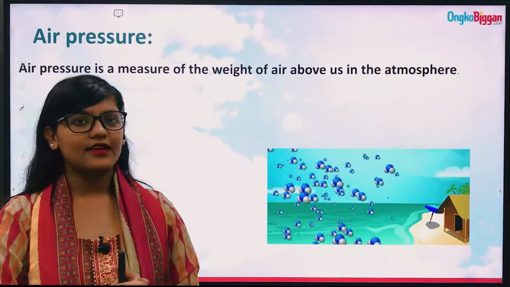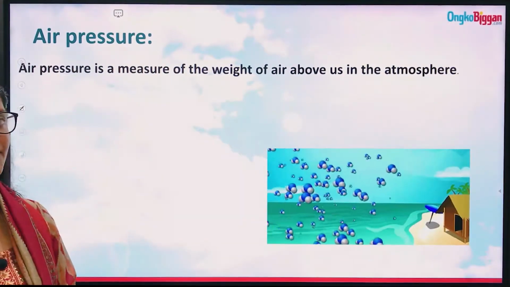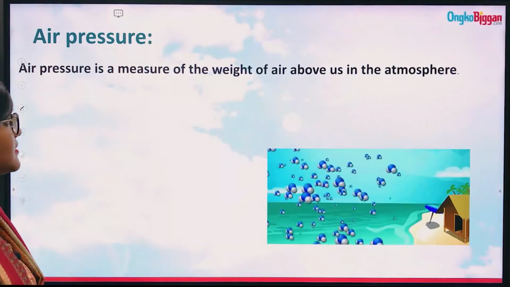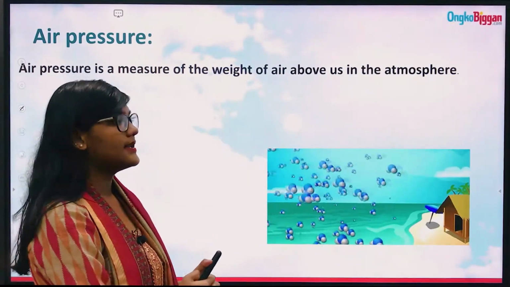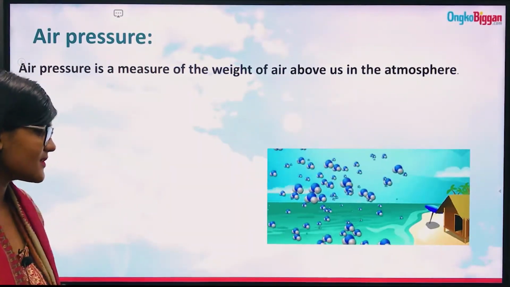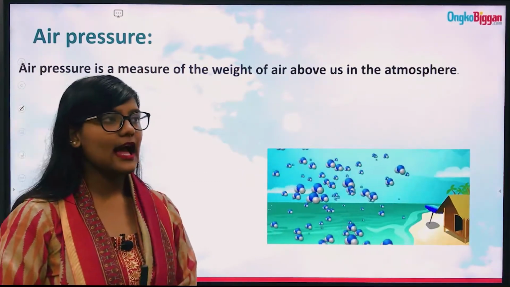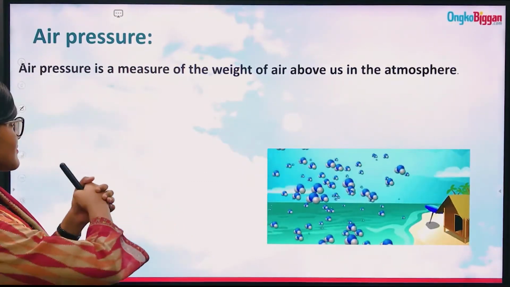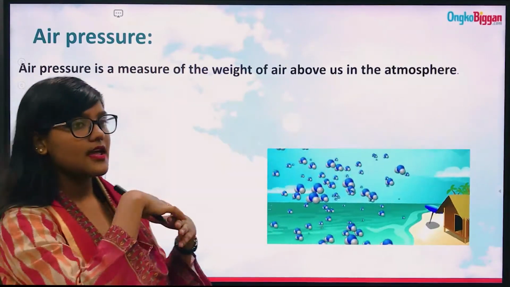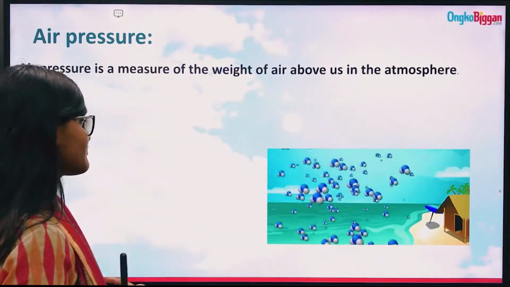So now we will have a very important topic, that is air pressure. Air pressure is the measure of the weight of air above us in the atmosphere. So air pressure happens due to the weight of air in the atmosphere.